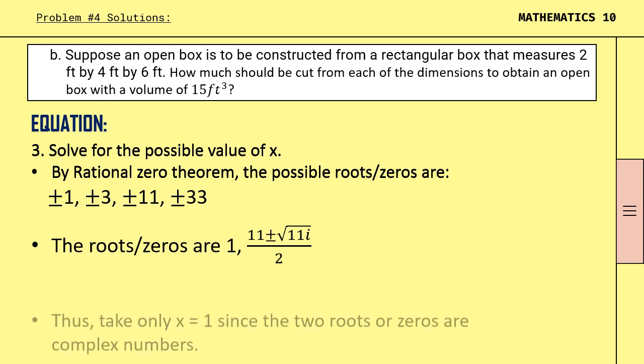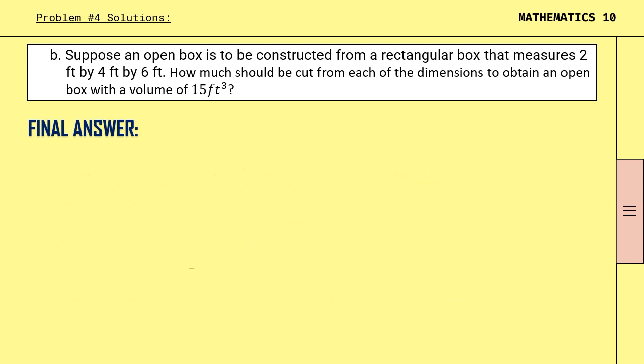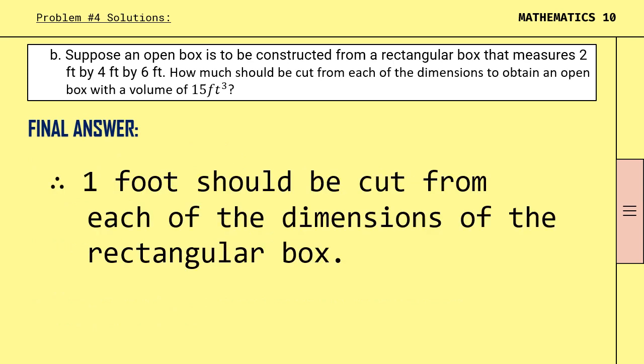So now we are going to take only x equals 1 since the two other roots or zeros are complex numbers. Now for our final answer, 1 foot should be cut from each of the dimensions of the rectangular box, since again we got a while ago x is equal to 1.